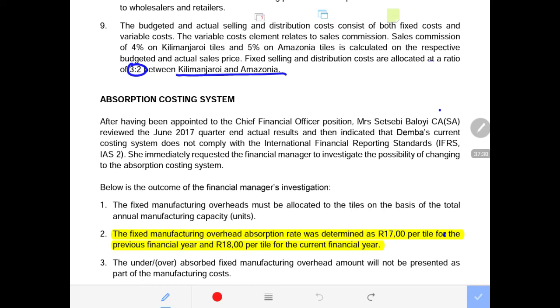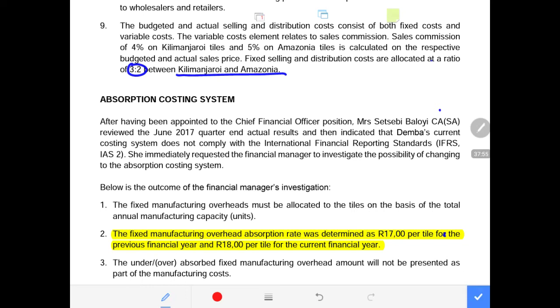She immediately requested the financial manager to investigate the possibility of changing to the absorption costing system. Below is the outcome of the financial manager's investigation, and the fixed manufacturing overhead cost must be allocated to the tiles on the basis of the total annual manufacturing capacity in units.